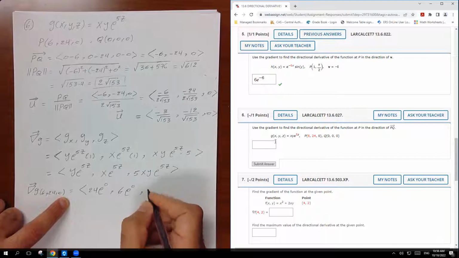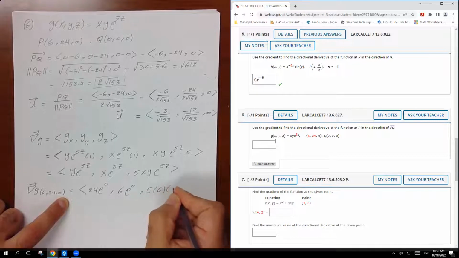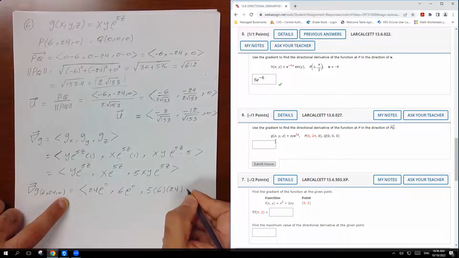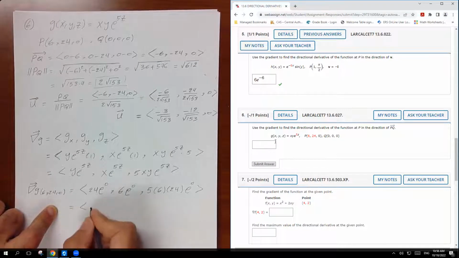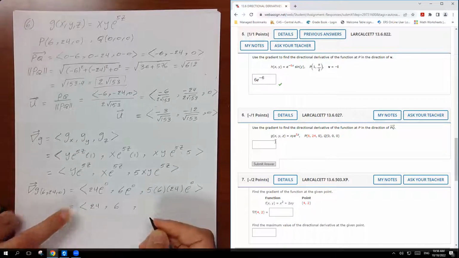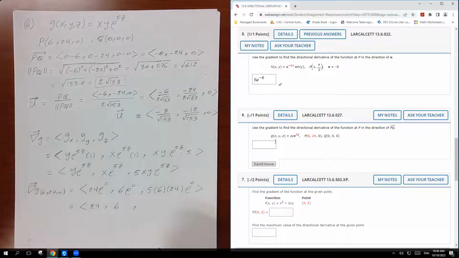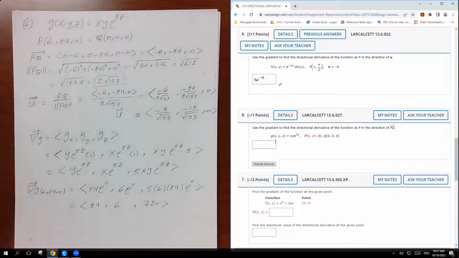And the last one is going to be 5, x is 6, y is 24, and e to the 0. This is 1, so it's going to be 24, and here is going to be 6, and 5 times 6 times 24 is going to be 720. So here is our vector, the gradient at the point 6, 24, and 0.